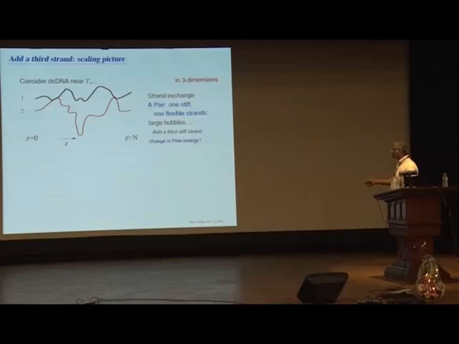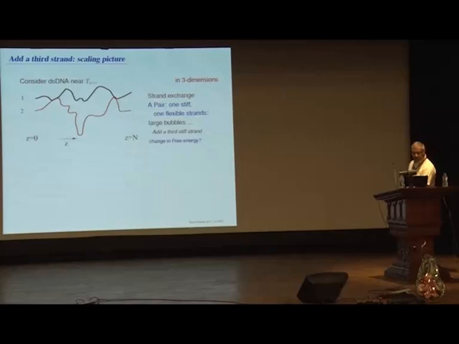One is particularly stiff, the other one is flexible. Because it's close to Tc, there are these big bubbles. And let's say I call it Z in this direction. So it's a DNA of length n with this big bubble. This is a hydrogen bond. There are a few hydrogen bonds and bubbles, and there will of course be no unique size of bubble. There will be a fluctuation in the size and shape of these bubbles.